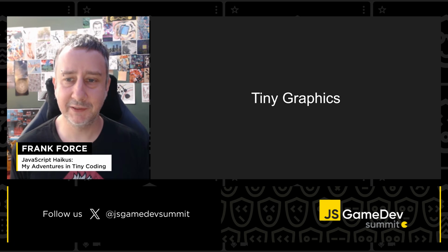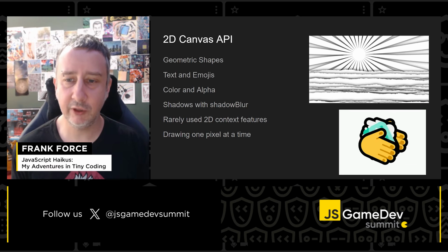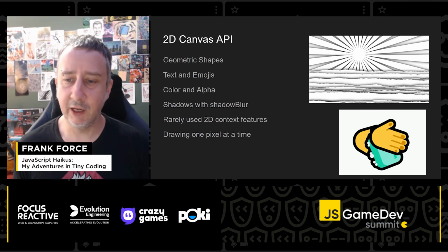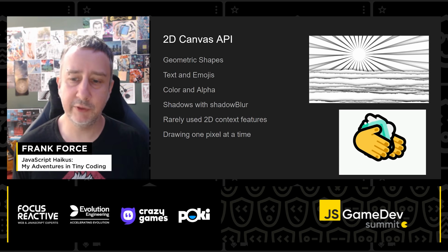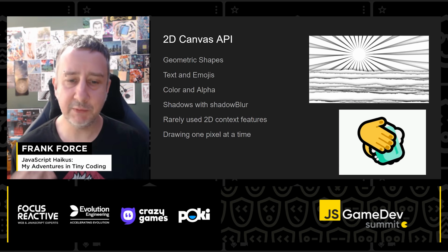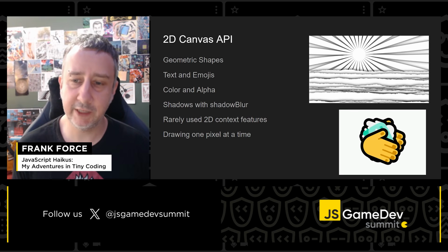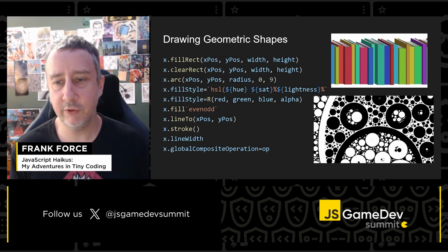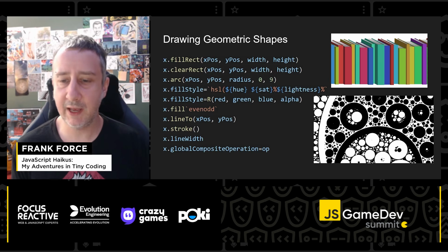Tiny graphics. Most of what we'll be doing is using the 2D Canvas API to draw geometric shapes, text, and emojis. We can set the color and alpha and use features like shadow and shadow blur to do special effects. It's even possible to draw 1 pixel at a time to create super high definition raster graphics. So for example, the kind of functions we'll use are like fillRect, arc, setting fillStyle, drawing lines, that type of thing.